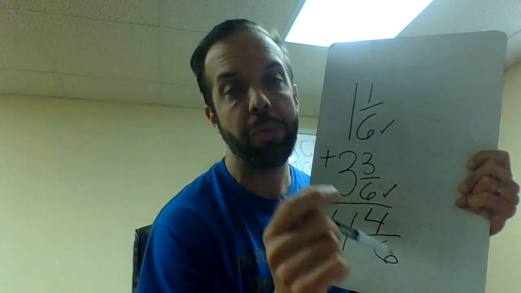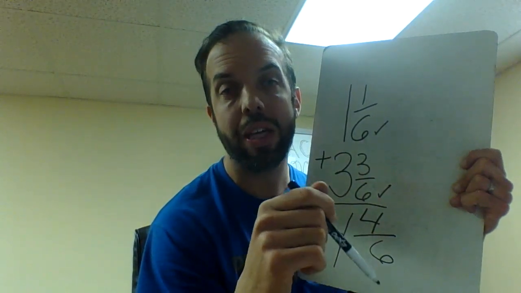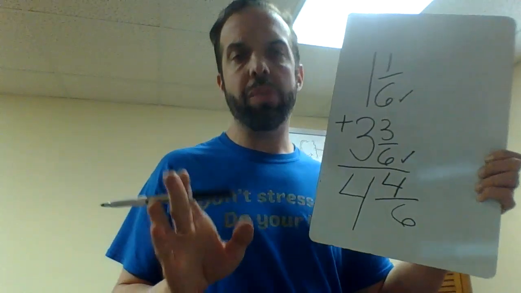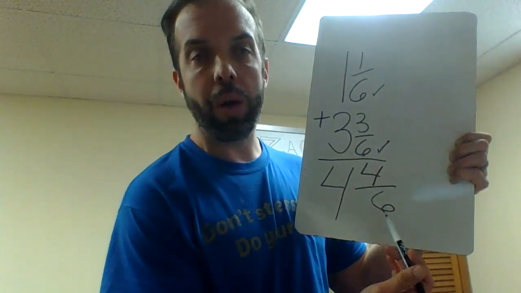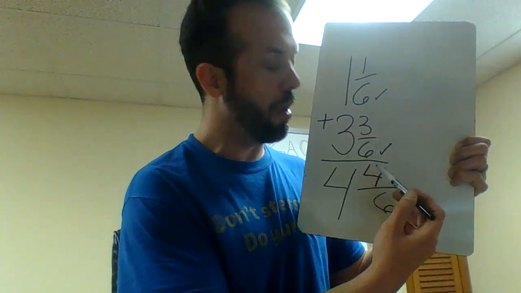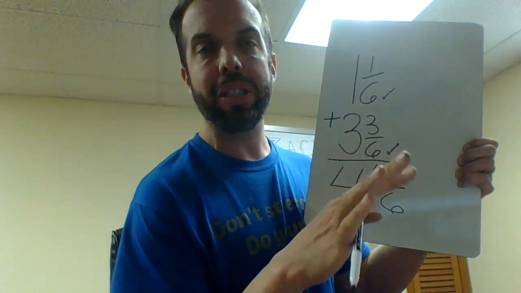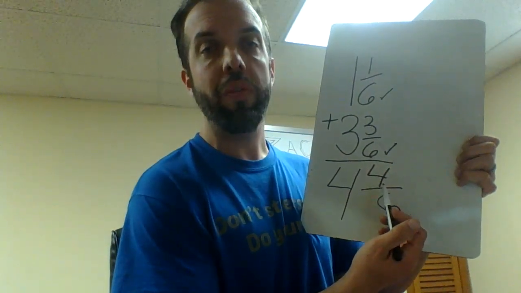If you forget simplest form, flip back to your math journal. Your notes are in there for lesson 6.3. I'm not going to do all of this right now because you should know this, but if you need to, go look in your notes. For simplest form, we find the factors of 4 and 6. I'm not messing with the whole number; the whole number stays. My factors of 4 are 1, 2, and 4.